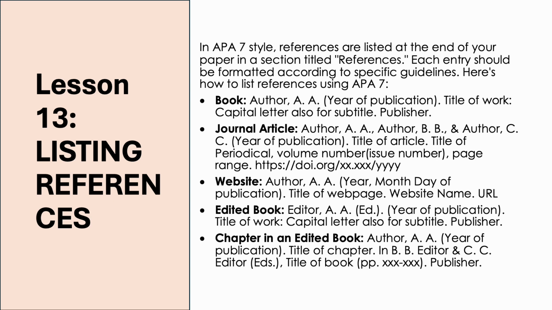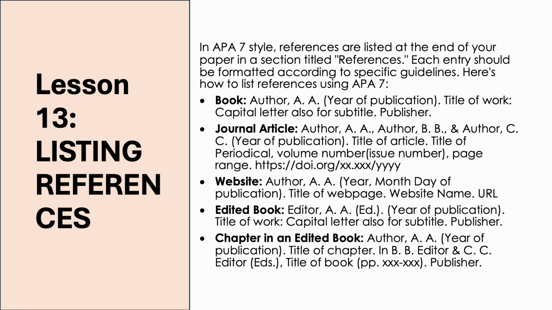We have then the capital letter also for subtitle. If it has a subtitle, you have to begin or to write it with a capital letter, the first letter of the sentence, and then the publisher.